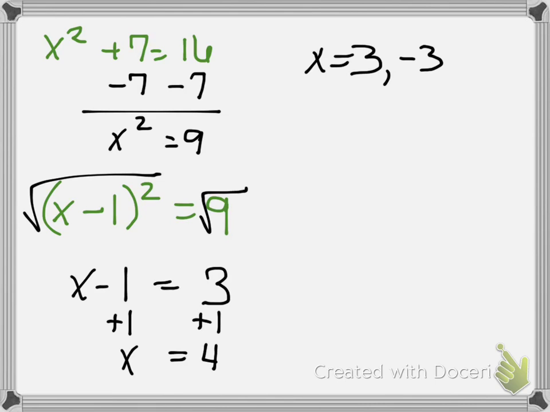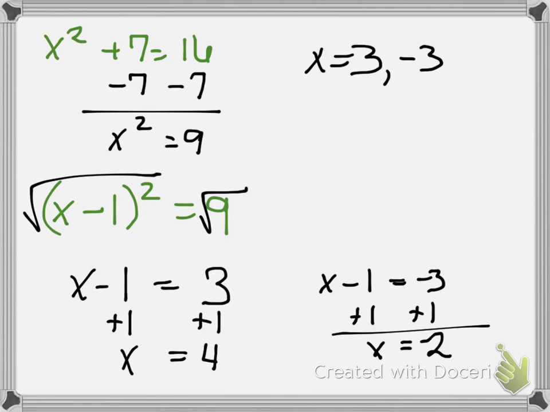How can I prove what I got there? You could plug it in. Couldn't what's inside the parentheses equal a negative 3? And now we can solve the next equation. And so that gives us our two answers, 4 and negative 2.